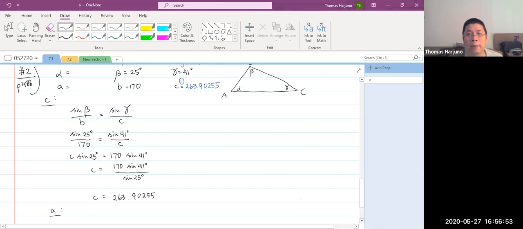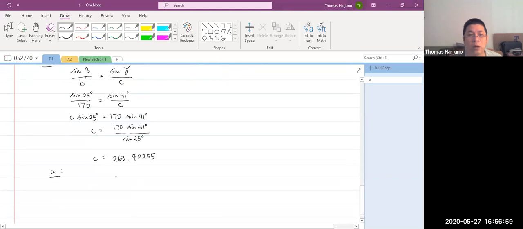How to find angle alpha? We use the property that the sum of the interior angles of a triangle is 180 degrees. So alpha plus 45 degrees plus 41 degrees equals to 180 degrees. So alpha equals to, that's 86, so 94 degrees. No, 94 degrees.